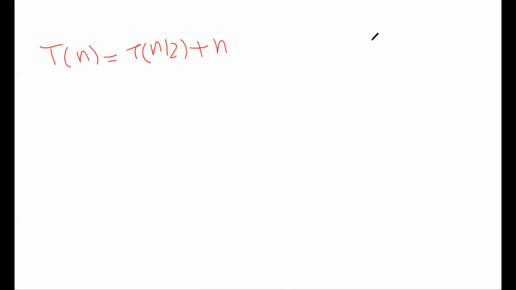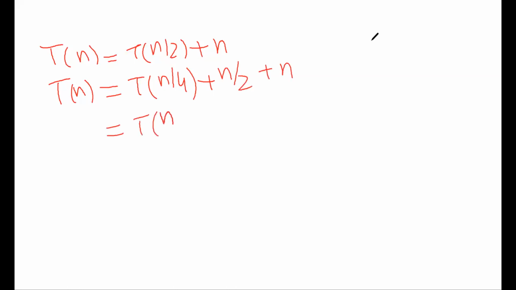Let's finish this and then we can end the class. n by 4 plus n by 2 plus n. T of n by 8 plus n by 4. This we did earlier as well.